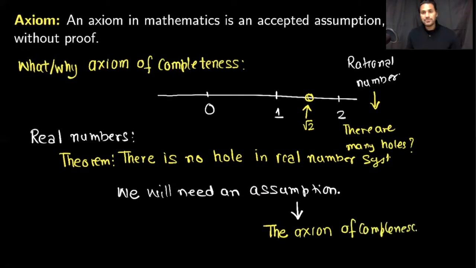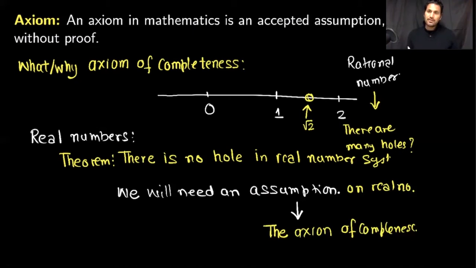We will make an assumption on real numbers, and that assumption we will call the axiom of completeness. Since this is a fundamental assumption, we will not prove it.